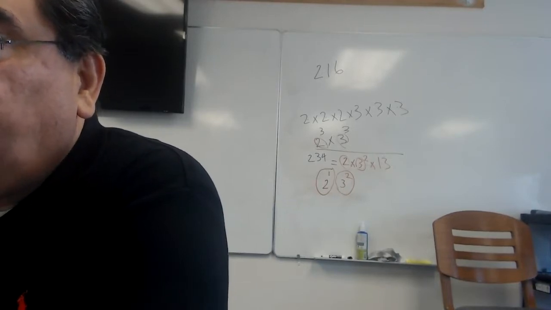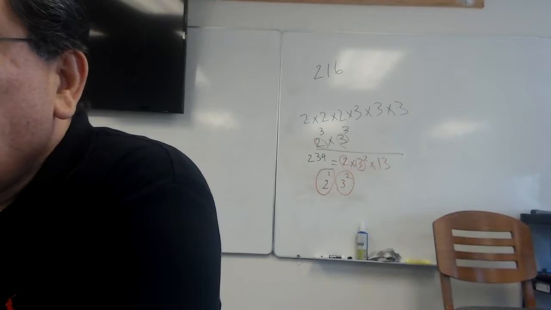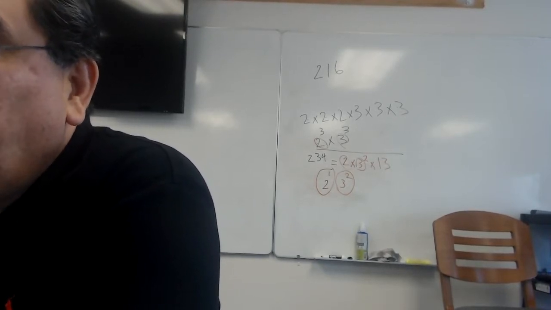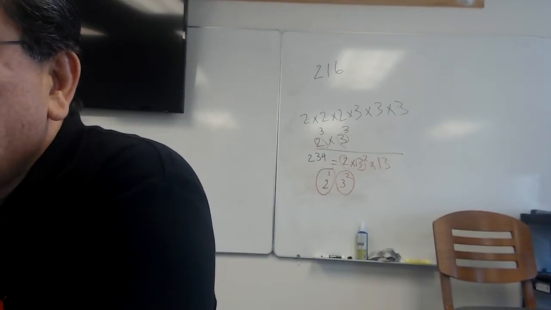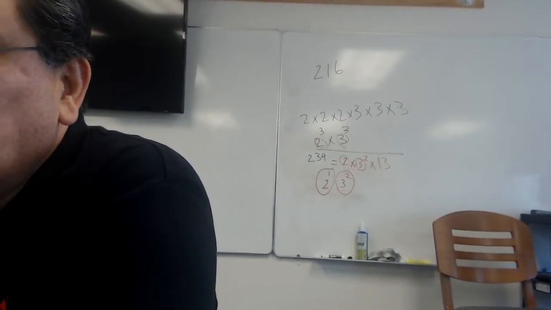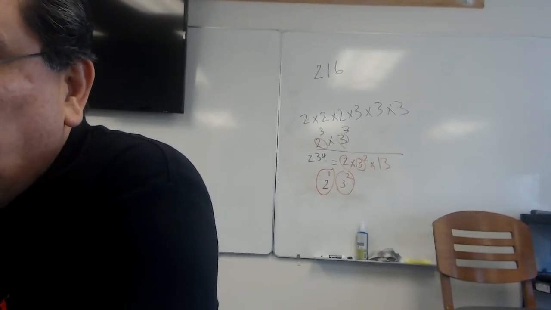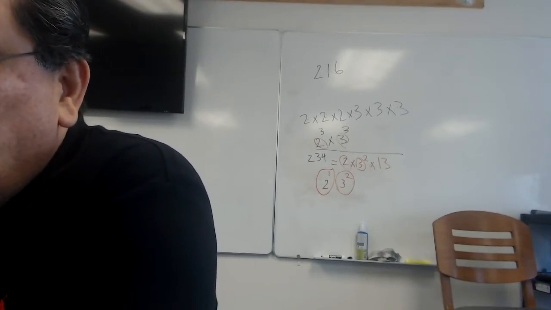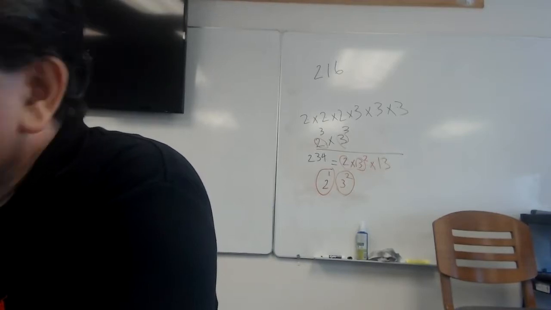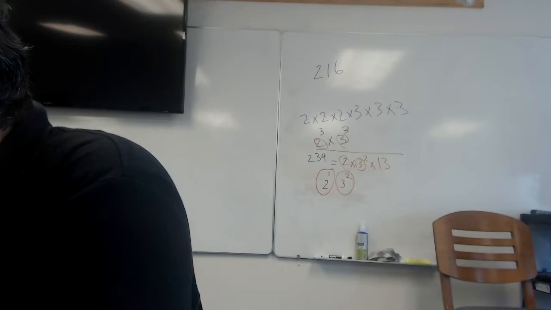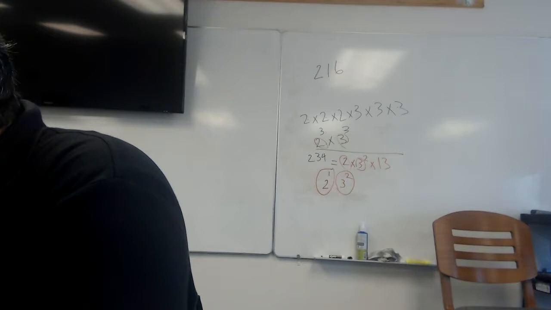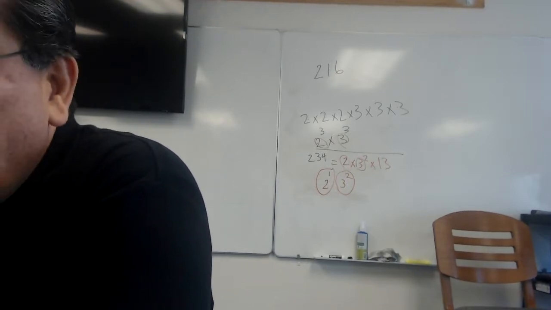And when we have 2 or more numbers, we use the prime factorization, the factor tree. We find the prime factors, we choose what's common between them, with the smallest exponent. Then the product of the factors found in step 2. In other words, the answer would be 2 to power of 1 times 3 to power of 2, actually. The product of these two is the greatest common divisor.